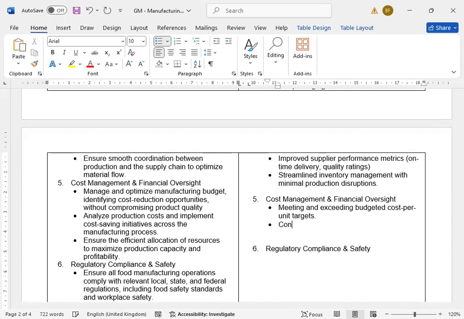It's always important to maintain the cost as much as possible and reduce the cost.